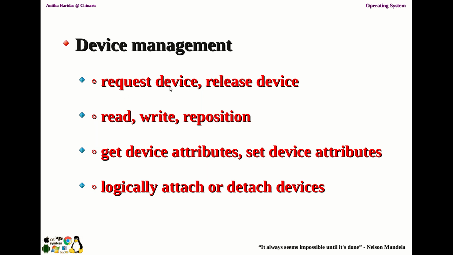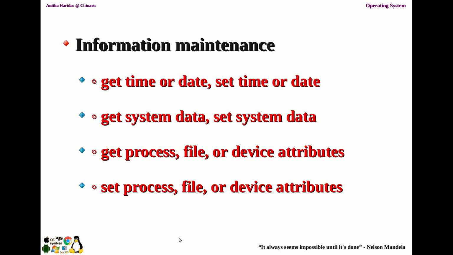In the same way, once you have completed printing, you have to release that printer, so for releasing you have another system call. These are some of the device management system calls. Then information maintenance: these are system calls like getting the process information, getting the file information, getting the device information.